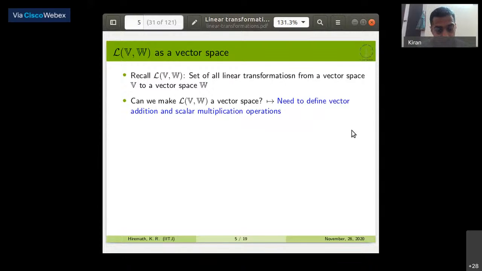So definitely, the first important thing we need to define is the vector addition and scalar multiplication operations, and we also need to define the additive identity here. We define T1 plus T2 as T1 plus T2 in the range. And since the range is a vector space, this is a well-defined operation. We don't have to make any extra effort to give meaning to this operation.